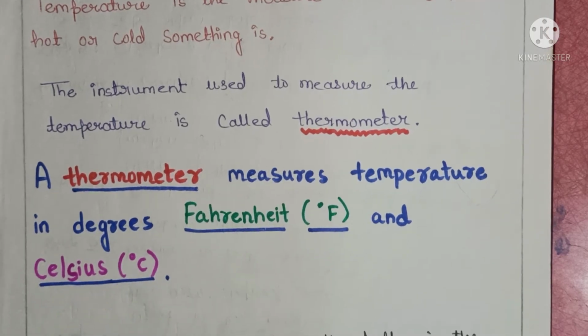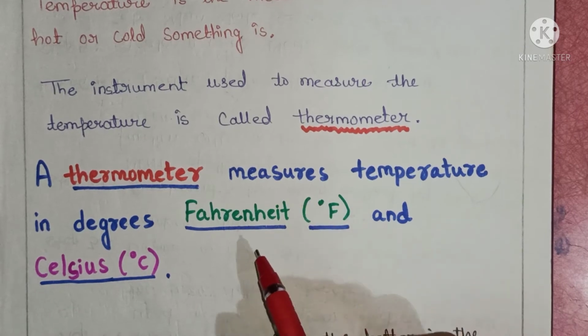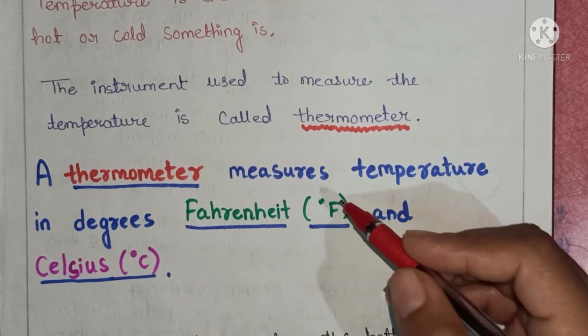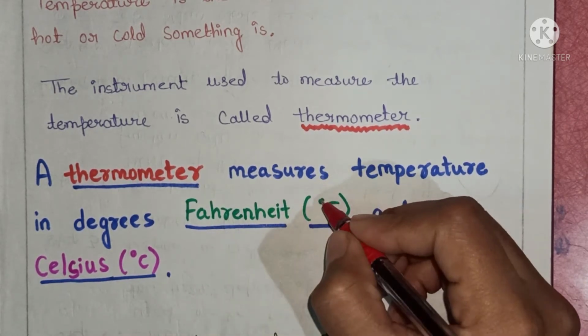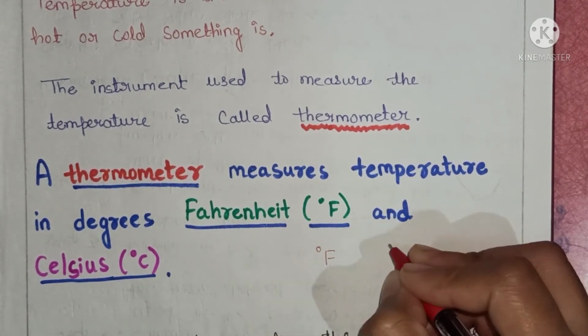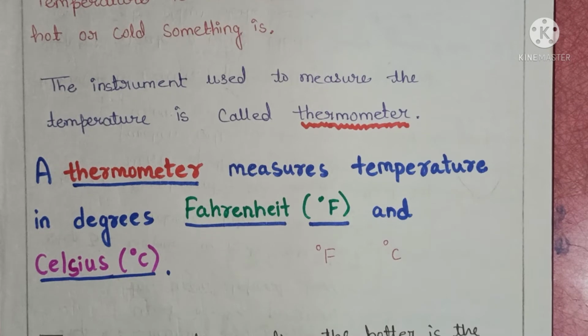So, these are the basic units to measure the temperature, that is Fahrenheit and Celsius. So, we call it degree Fahrenheit. This small zero on the top is known as degree Fahrenheit and degree Celsius.